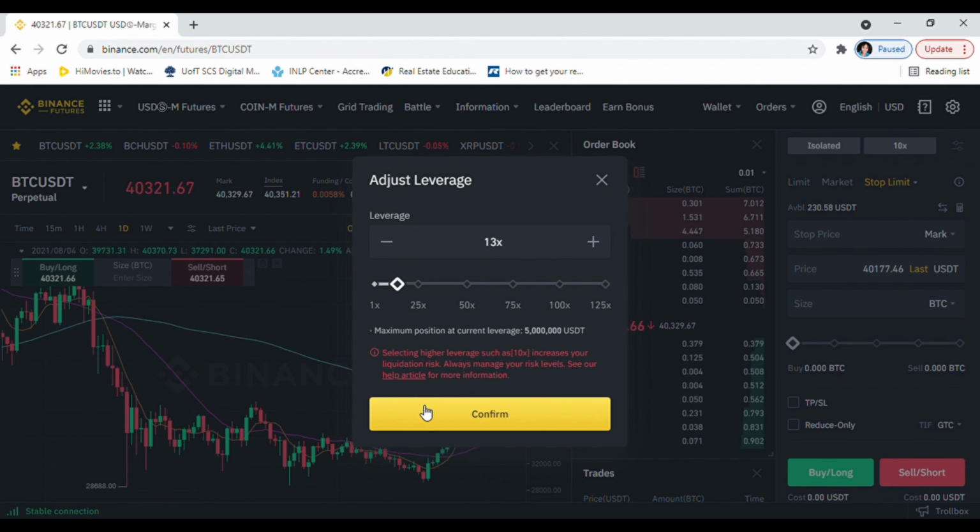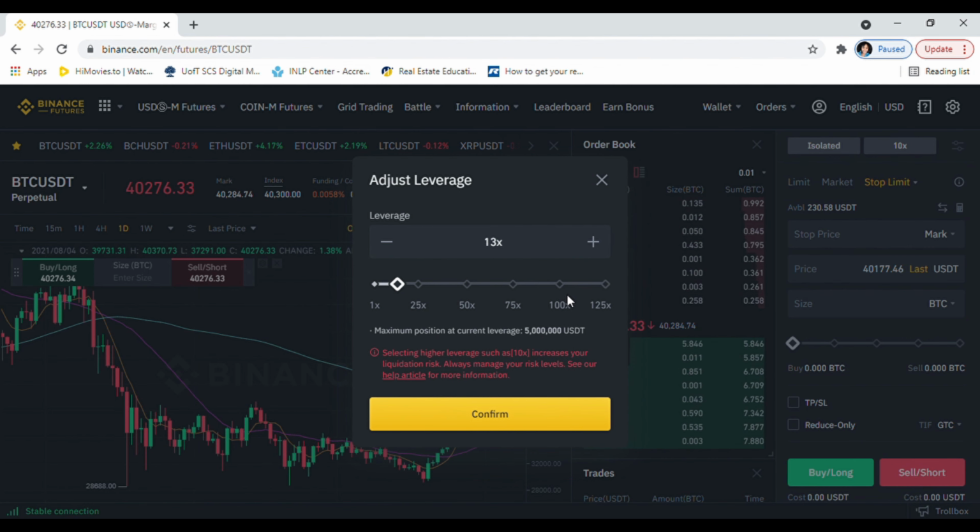But let's say the price starts going lower than the price that you entered in. The amount of leverage that you use will determine when the exchange will close your position and you will be at a loss. If the exchange closes your position for you at a loss, then you get liquidated.